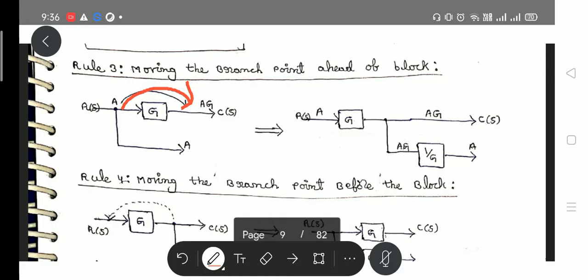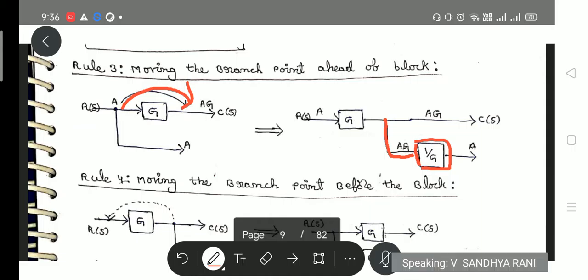So after the G block, what happens? In the feedback we will get 1 by G. This is moving the branch point after the block or ahead of the block.